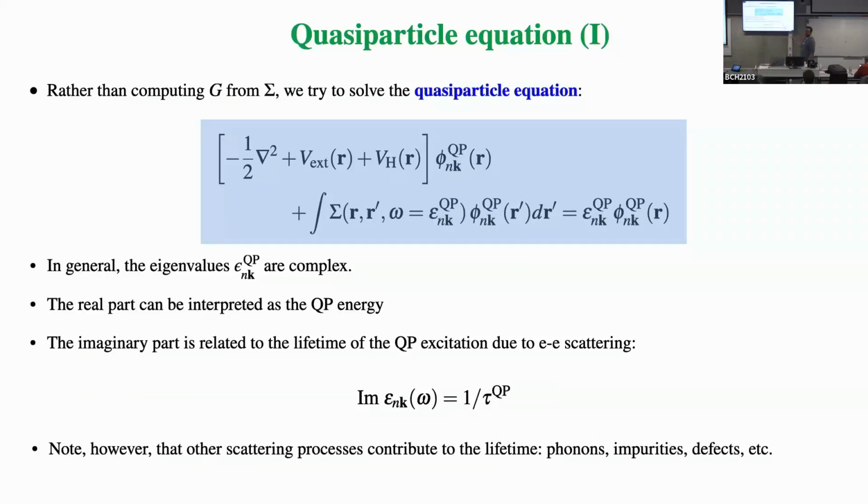So this is not a standard eigenvalue problem. This is a non-linear eigenvalue problem because our unknown quasi-particle energy appears on both sides of this equation. The quasi-particle energies might be complex. So the real part is the position of the spectral function. The imaginary part gives you the lifetime of the excitation due to electron-electron interaction.